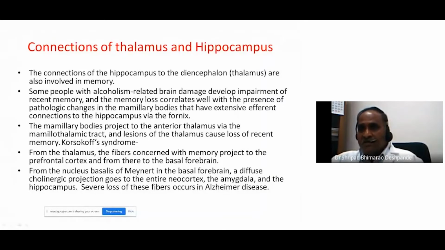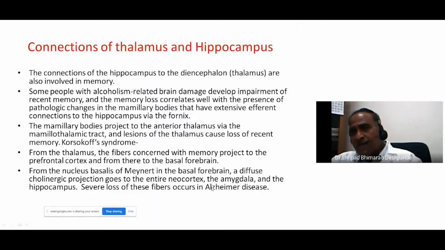This is because the fibers concerned with memory project to the prefrontal cortex and to the basal forebrain. One important thing is the nucleus basalis of Meynert. In the basal forebrain we have the basal nucleus of Meynert, and this is necessary for the processing of short-term memory.